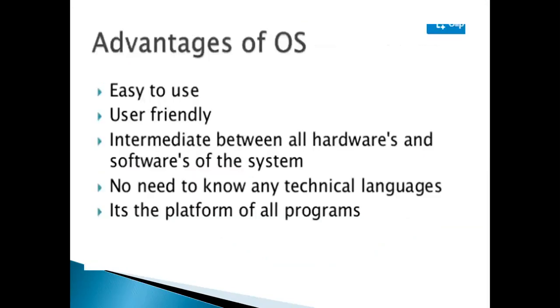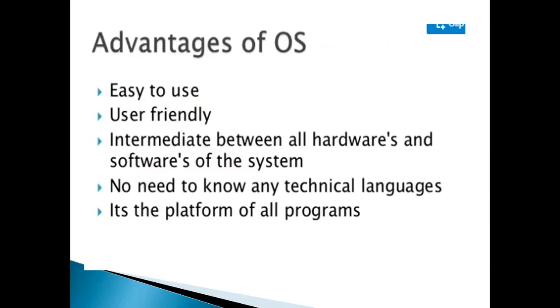Next comes advantages of operating system. What are the advantages of operating system? Very first, it is easy to use. You are not the one who is making it, you are just going to use it, and learning how to use an operating system is very easy. For example, if you are buying an Android phone, you hardly require some time to learn about that.